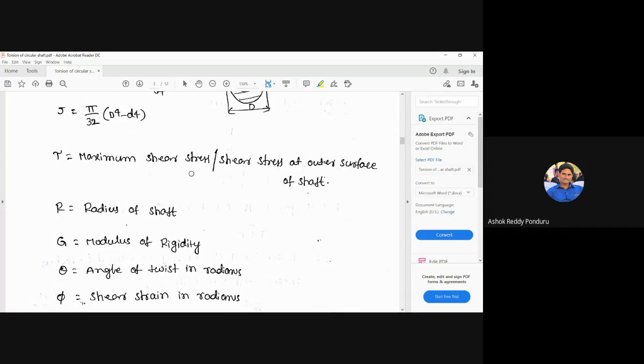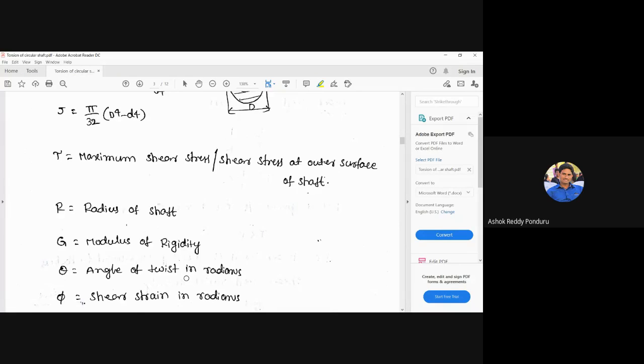Next, r is equal to the radius of the shaft. Next, theta is equal to the angle of twist in radians. Please take it in terms of radians, not in terms of degrees. We know the relation between radians and degrees, pi radians is equal to 180 degrees.